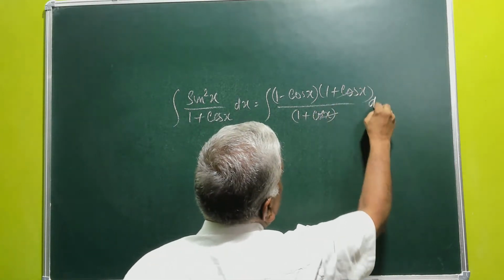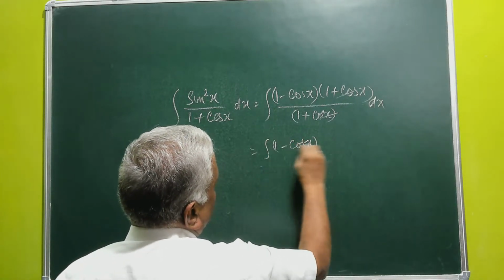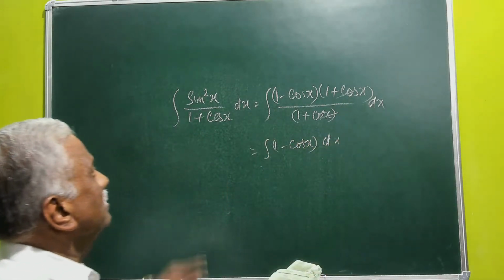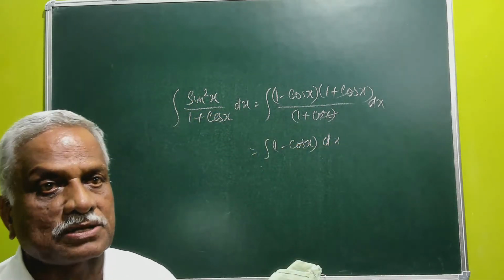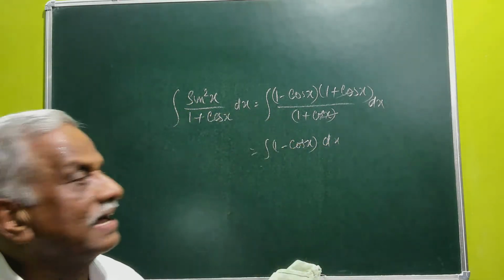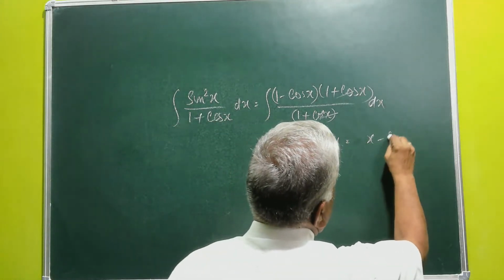In fact, instead of writing this directly, you can just orally work it out: sin square x is 1 minus cos square x, which is 1 minus cos x into 1 plus cos x, that cancels. So the answer is x minus sin x plus c.